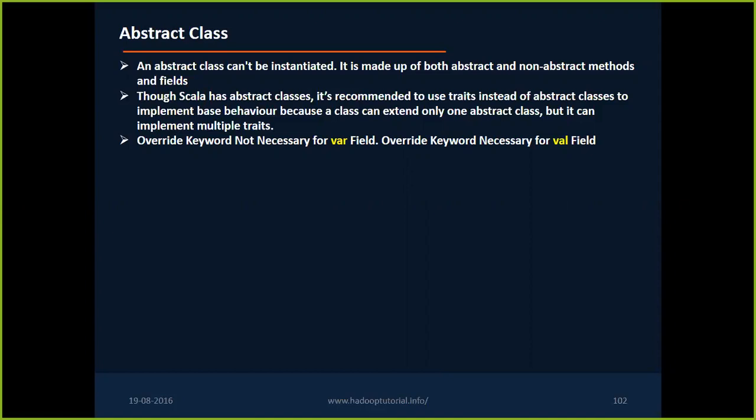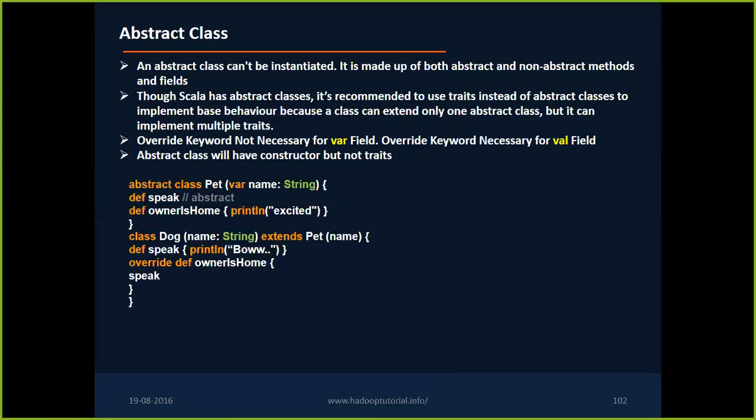Meaning, if there is a var field in your abstract class and you want to reuse that in your subclass, no need of the override keyword. And if you have a constant val field in your abstract class, in your subclass you have to give override and the val field also. These things we have seen already.